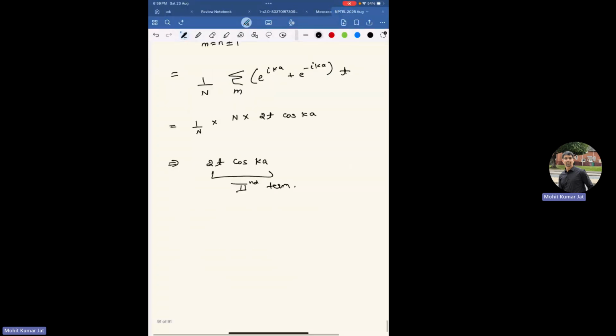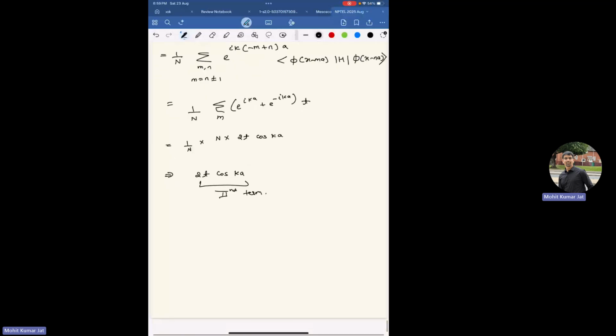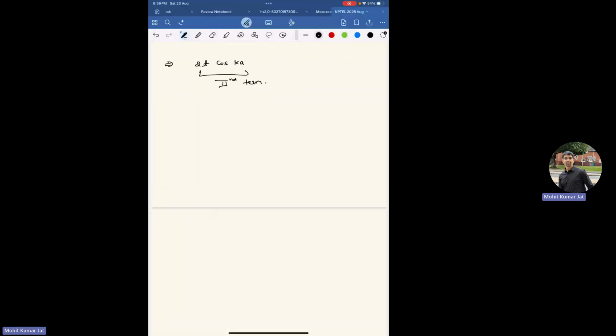If you combine your total Hamiltonian form, which was E(k) equals 1 over N summation over all m and n, where N is the number of atoms, e to the power i k (minus m plus n) a, then psi(x minus ma) Hamiltonian psi(x minus na).